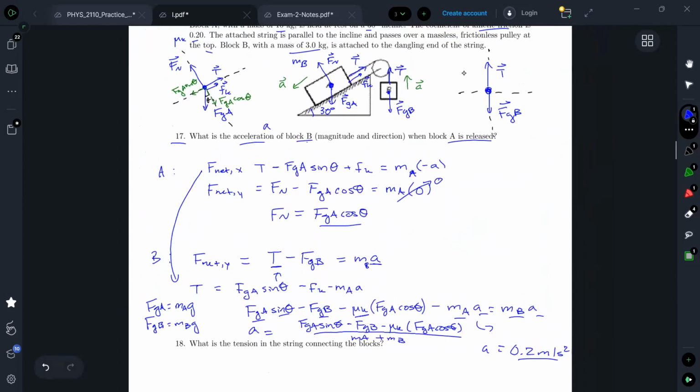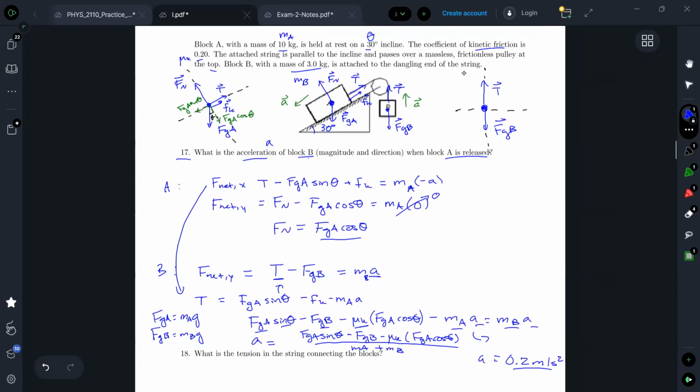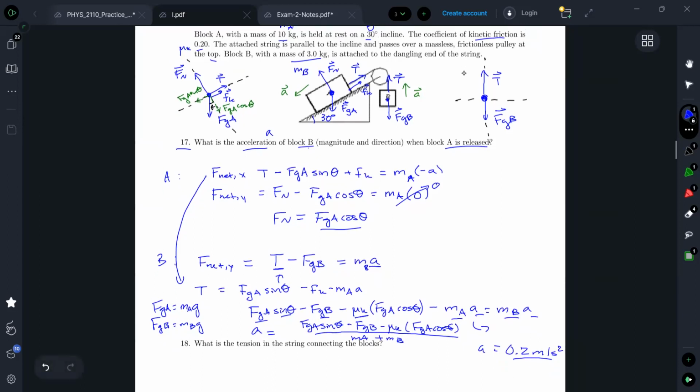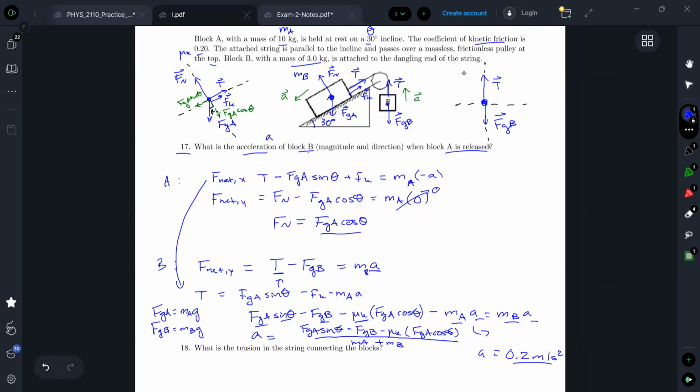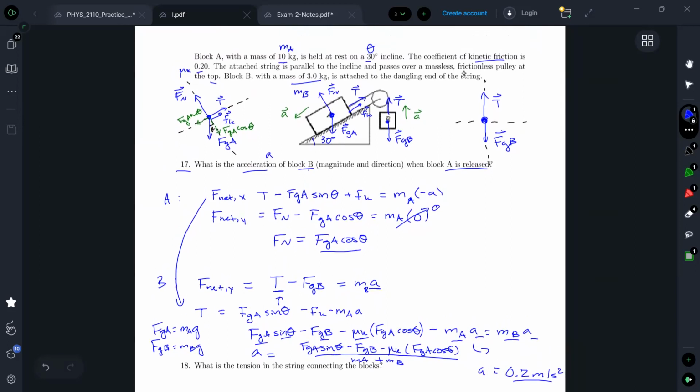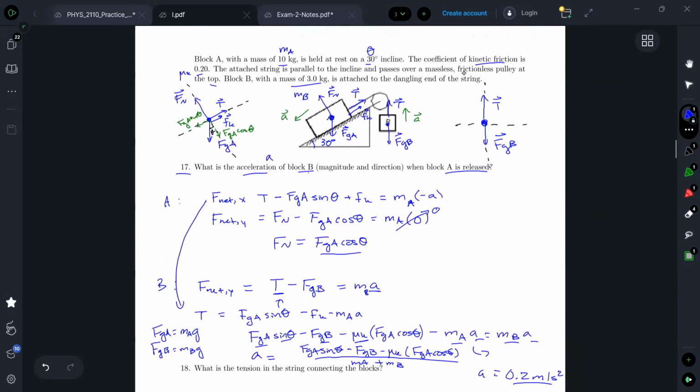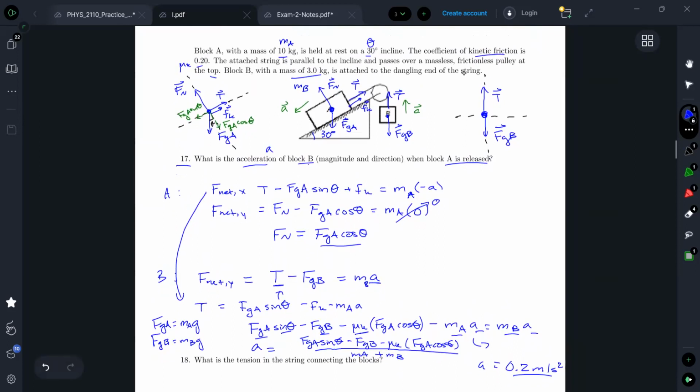I'll take another look at this one to make sure I didn't make some small mistake somewhere that messed up the answer, or maybe I made a big mistake and I need to take a closer look at that. So I'll email about that once I have figured out what it is that I did here. I'm hoping it's right, but if not, I'll post a corrected version.